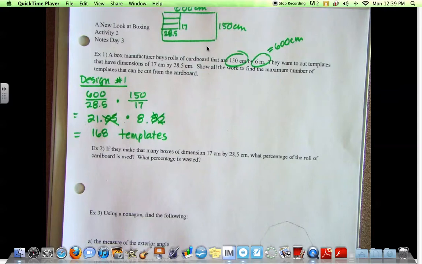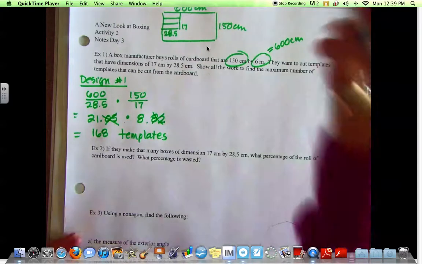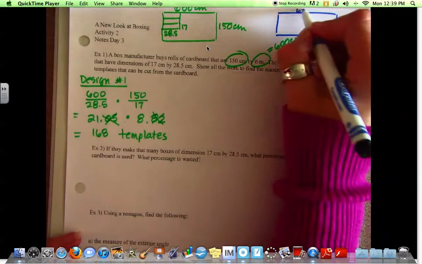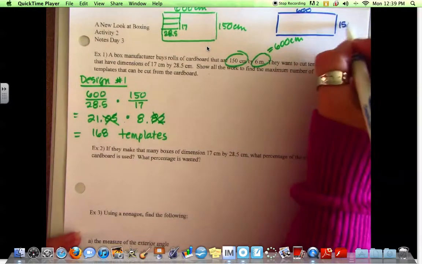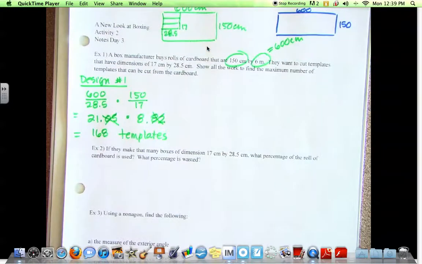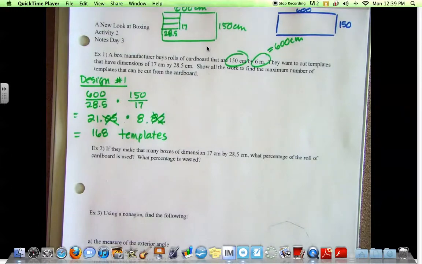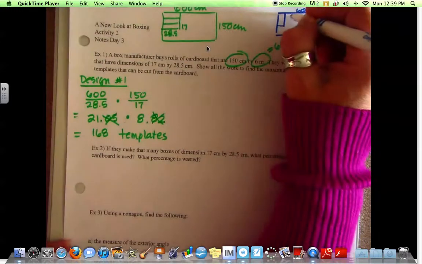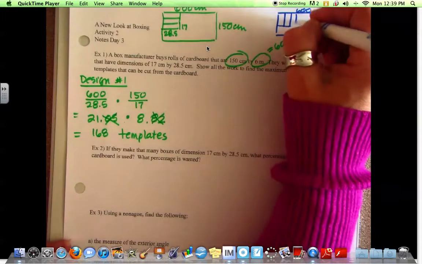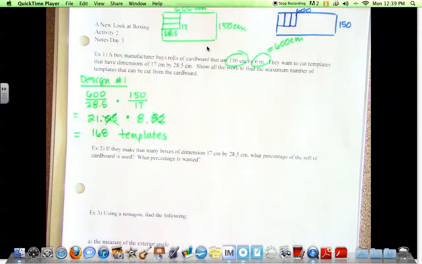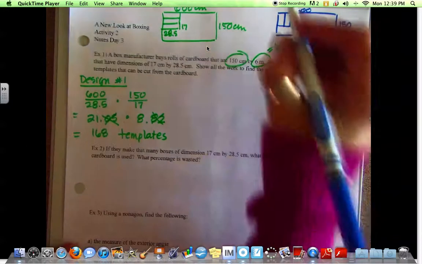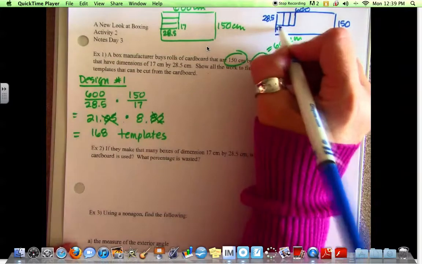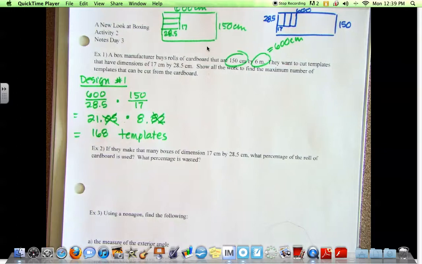All right, so now we're going to turn the boxes. We still have a piece of cardboard that is 600 by 150. But we're going to lay the templates long ways this way, and see if we can get more cut out that way.